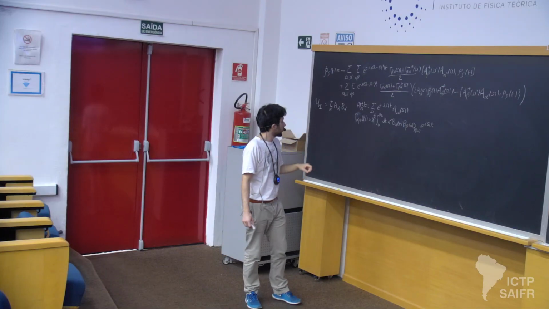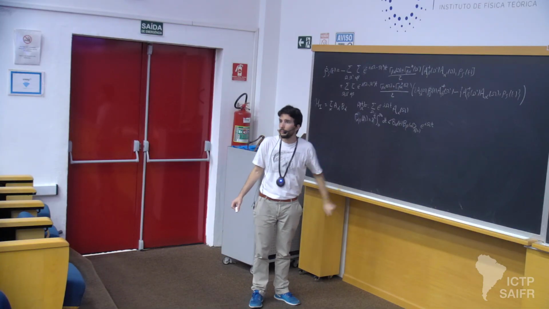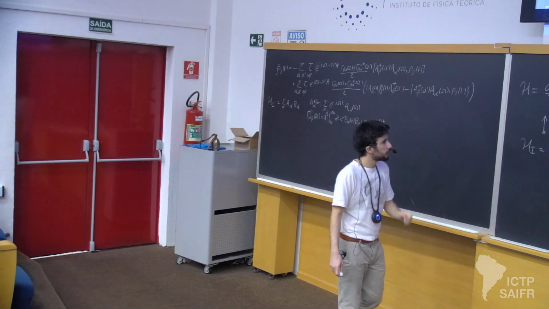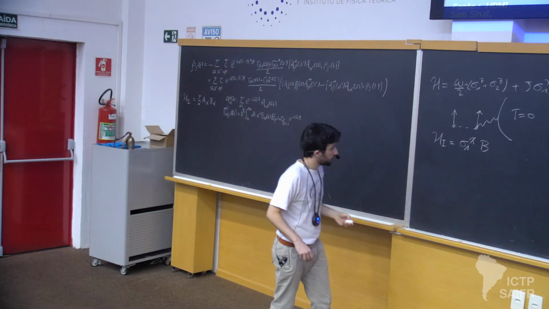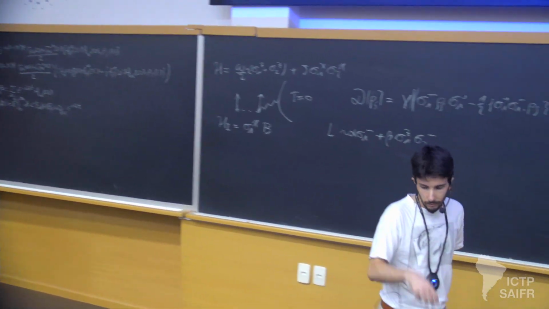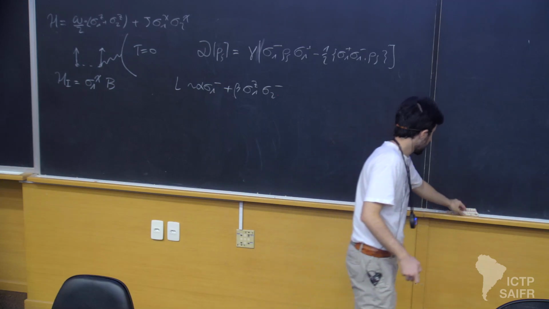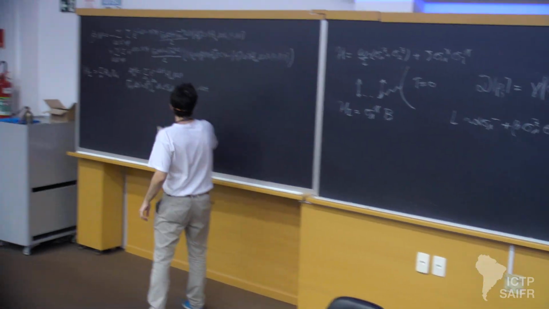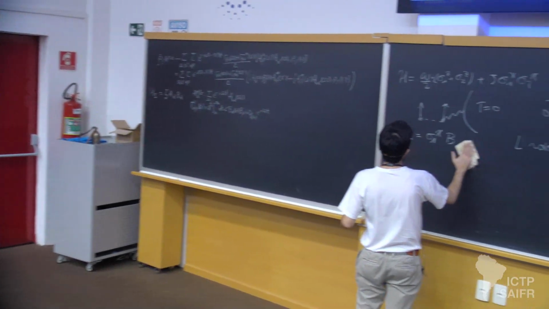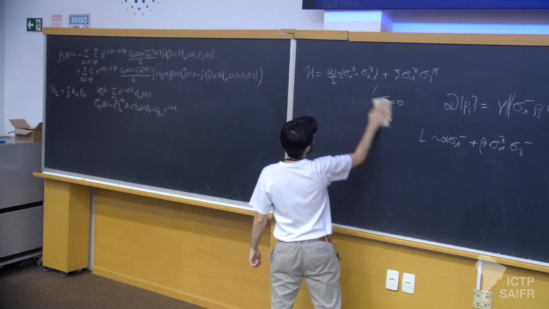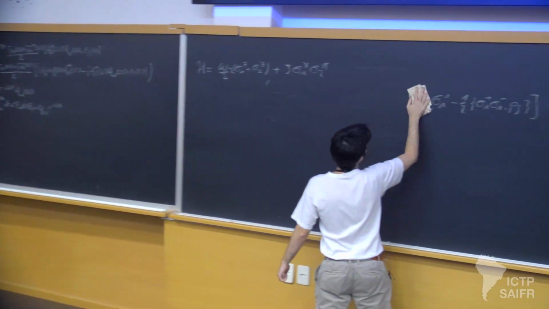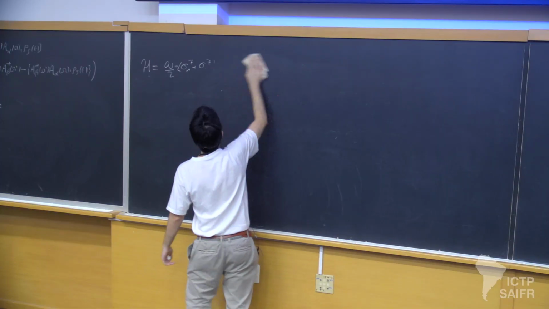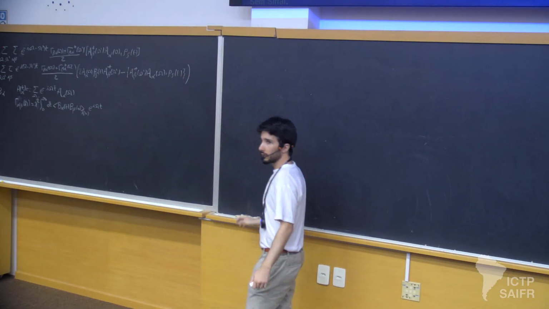Now we are going to look at this object more, which means looking at the properties of the bath. So first of all, the ingredients that we need are the correlation functions of the B operators in the bath. And by the way, yesterday I showed you as an example the spin boson model, so spin in contact with a reservoir of free bosons.